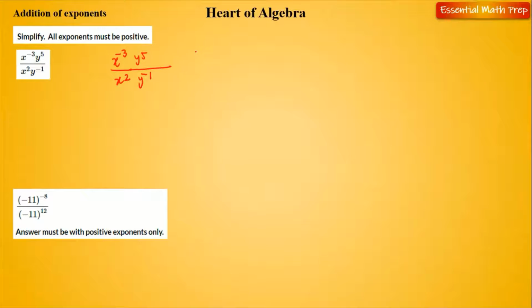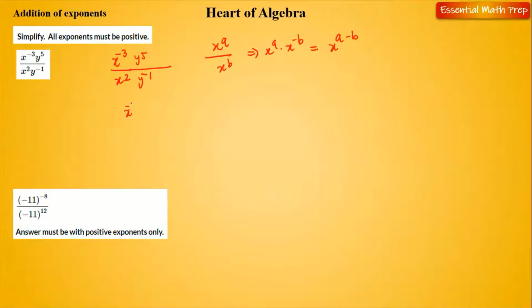To do this sort of problem that involves a ratio, if you have x power a over x power b, that is the same as x power a times x power negative b, which is the same as x power a minus b. In other words, x power a over x power b equals x power a minus b, okay? So let's convert the denominators, bring them up to the numerator.